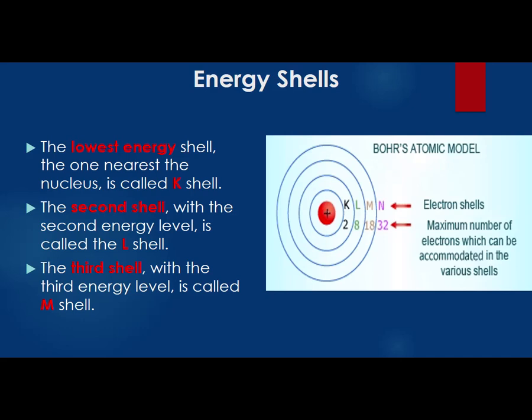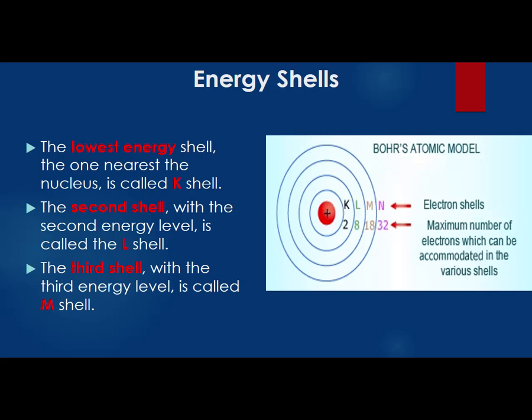He also gave them the names K, L, M, N and further O, P, but in this class we will just talk about three shells, K, L and M. We will not discuss the higher energy levels or higher shells.